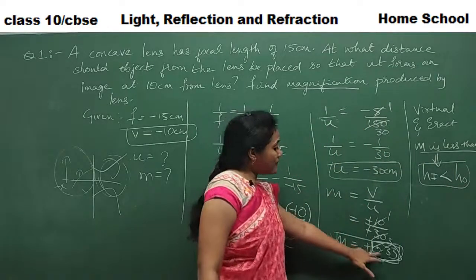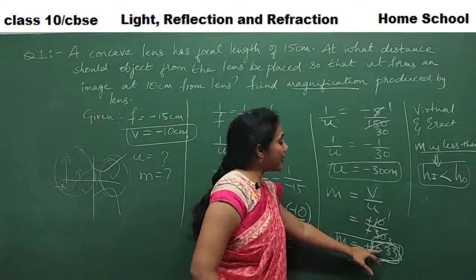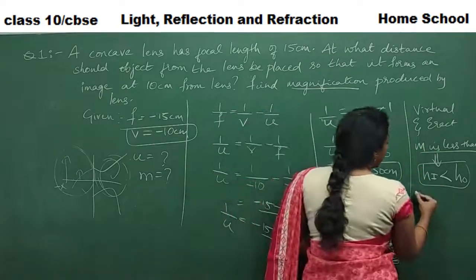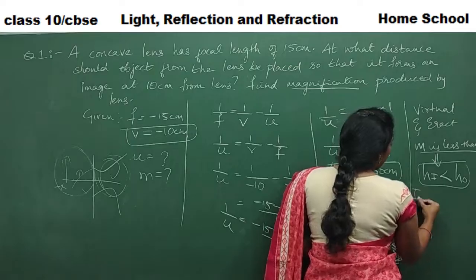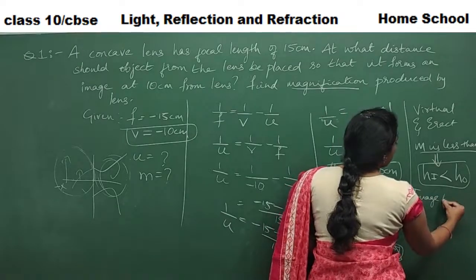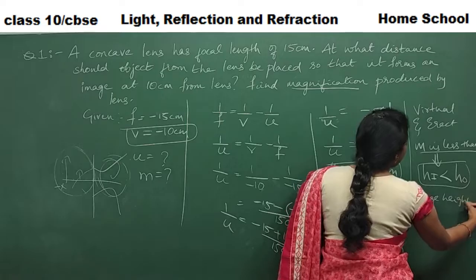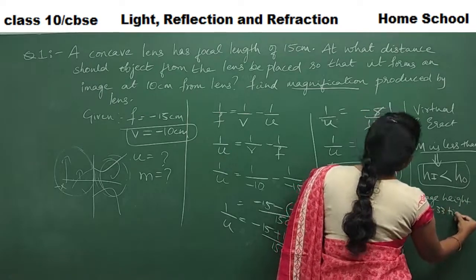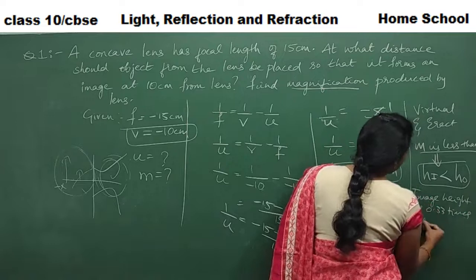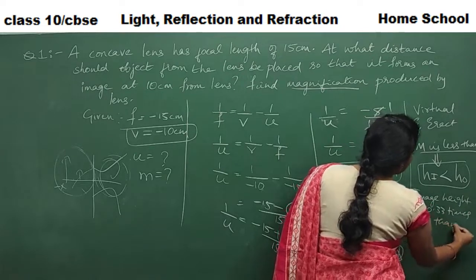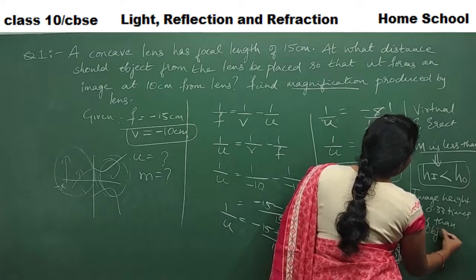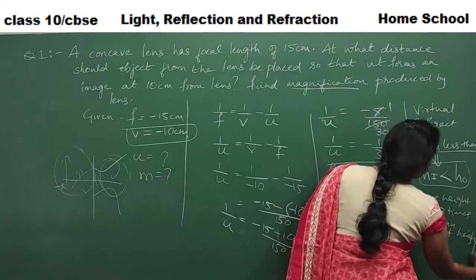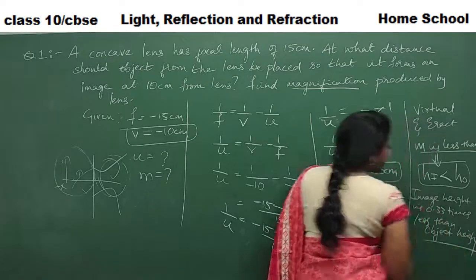Okay, how many times height of the image is lesser? 0.33 times. Okay, so what I will write here is image height is 0.33 times lesser than object height. Height is nothing but object height or size. Height is nothing but size here.